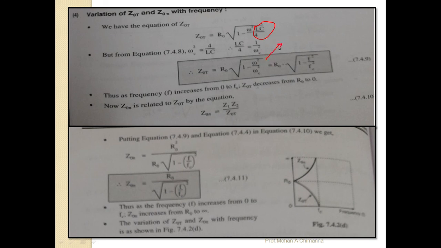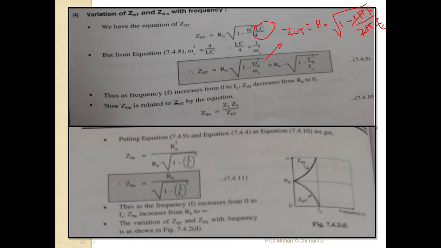This equation is modified as Z0T equals R0 root of 1 minus 2 pi f upon 2 pi fc whole square. Hence the 2 pi and 2 pi get cancelled and only 1 minus f upon fc remains. So Z0T with frequency equals R0 root of 1 minus f upon fc square.